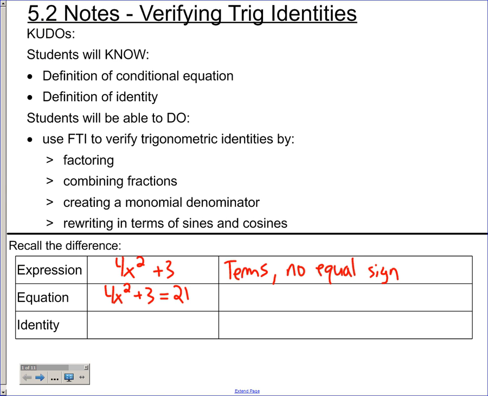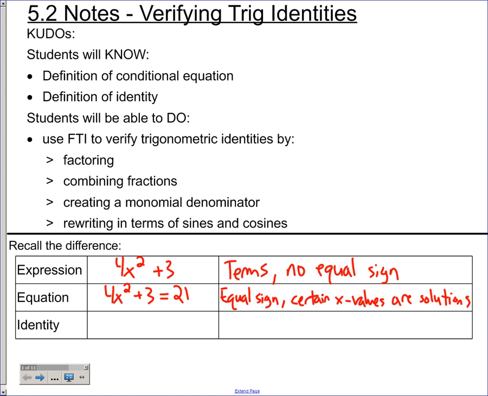In this case, we have an equal sign. So what we'd be looking for with this equation is certain x values as solutions.